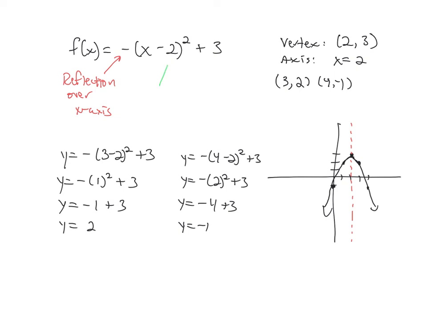I went a translation to the right 2, and then I did a translation up 3. I went 2 to the right and I went 3 up. Okay, so if you can make that connection, it's going to be even easier.